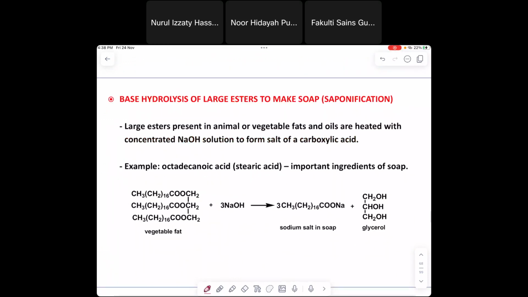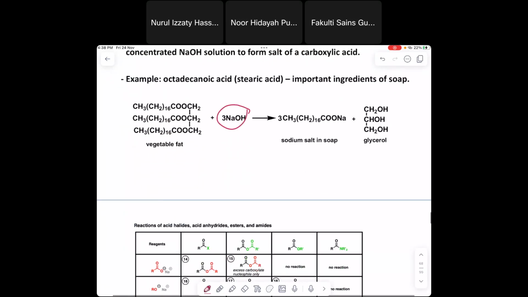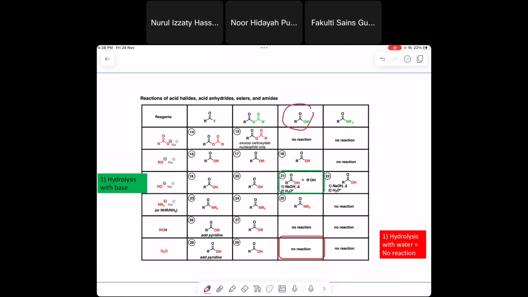Yang istimewanya ester ni, kita banyak guna base hydrolysis dia to make the soap lah. Usually coming from the vegetable fat and you use sodium hydroxide lah kan. They are this important ingredient of the soap. This is our soap lah, sodium salt in soap. Okay, so again kat sini boleh tengok ester reaction, hydrolysis with water saja.